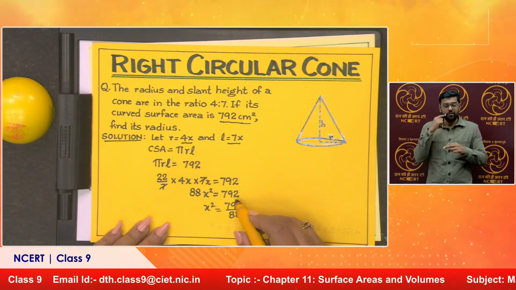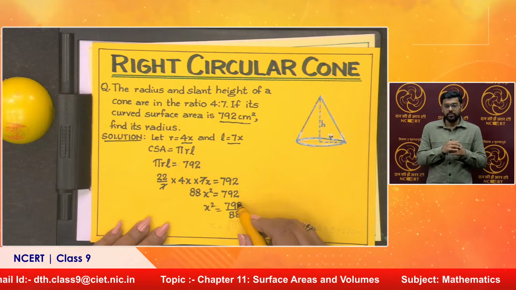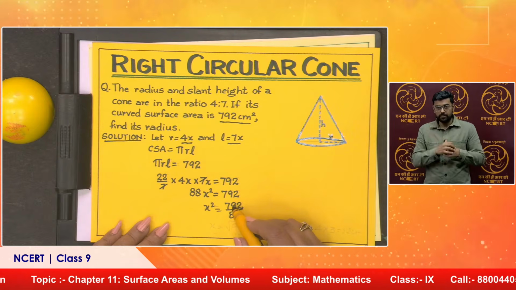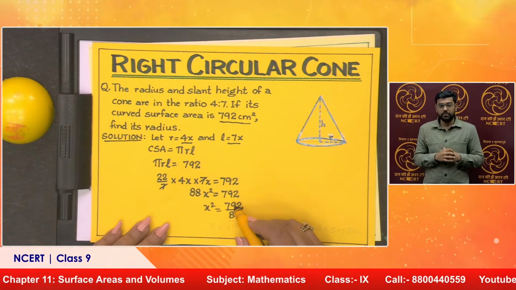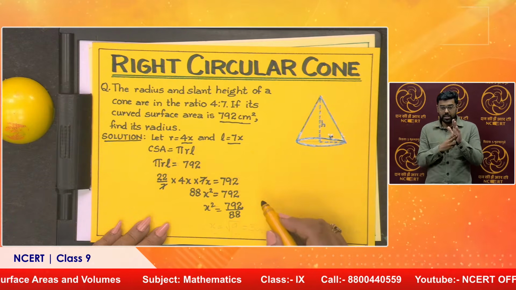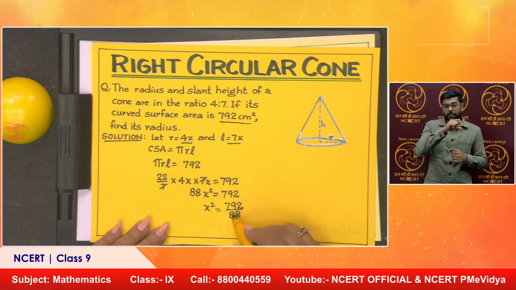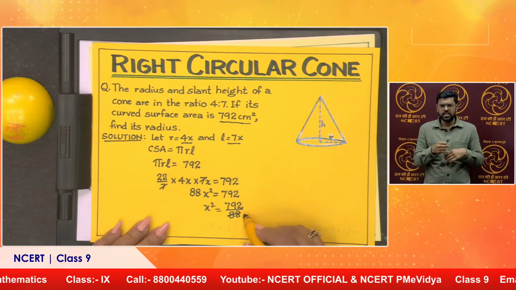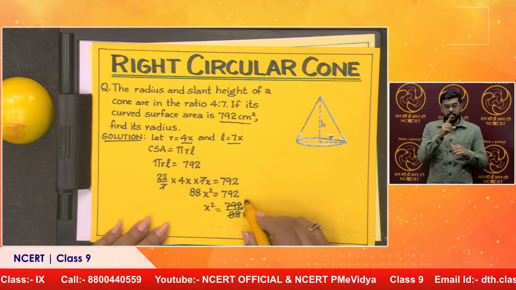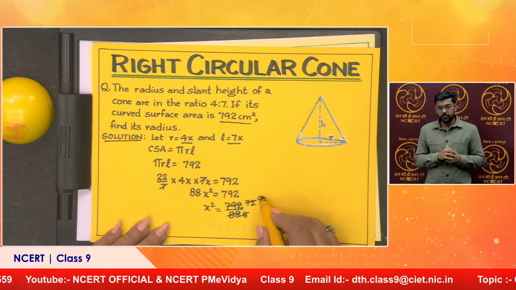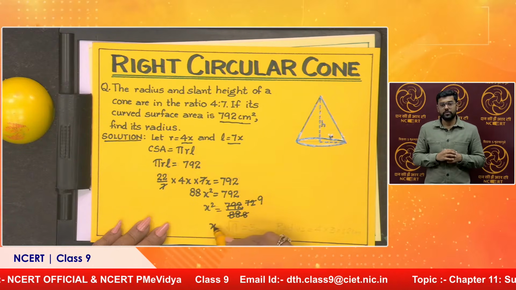If I add the digits at odd places, that is 2 plus 7, it is 9, and 9 minus 9, if I subtract the digit at the even place, it should either give me 0 or a multiple of 11. Here it is giving me what? 9 minus 9 is 0. So, obviously it is divisible. So, 11 8s are 88, and 11 7s are 77, and 8 9s are 72. So, x square is 9.